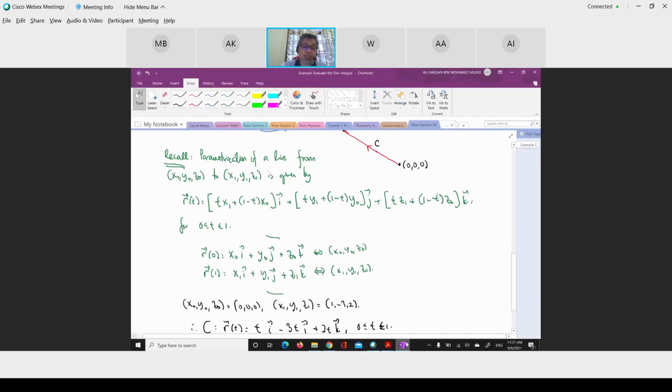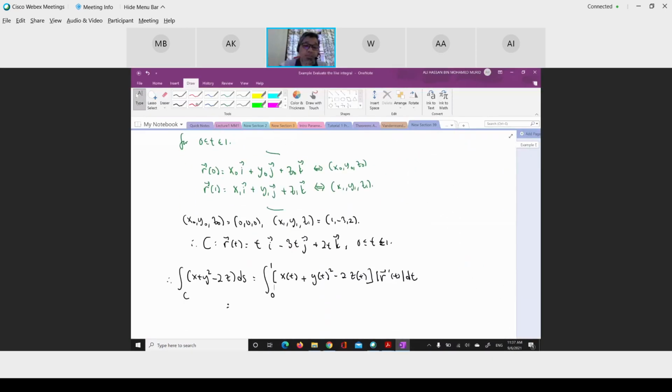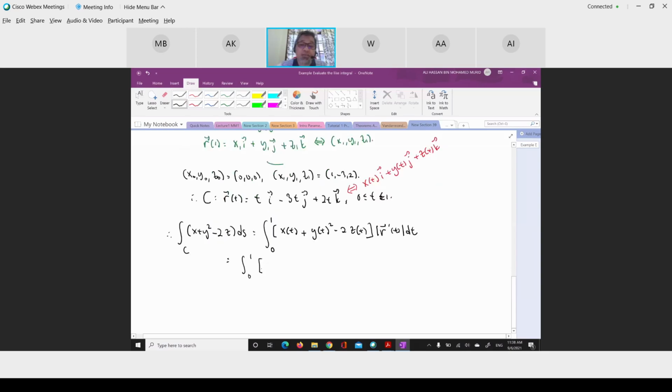So you need to compare this r(t) with x(t) i plus y(t) j plus z(t) k. If you make this comparison, what is x(t)? T, Doctor. Yes, it is t.